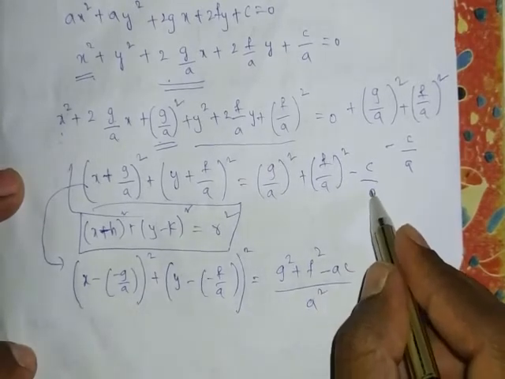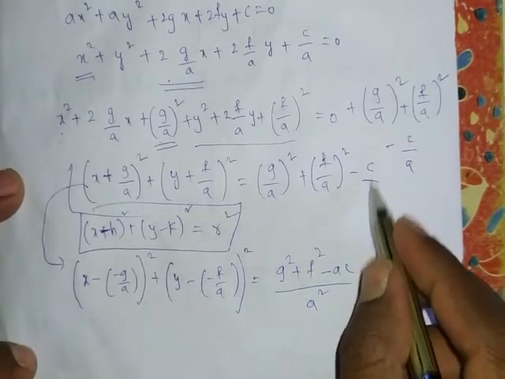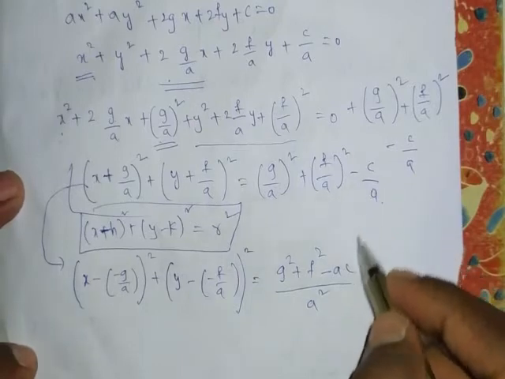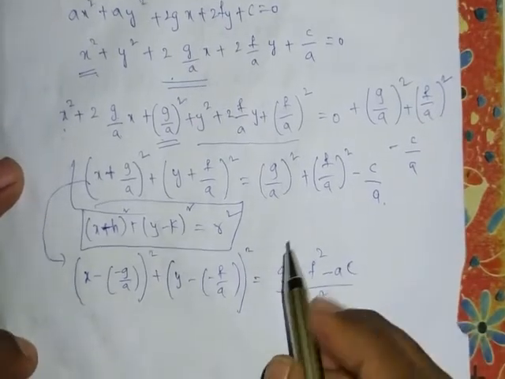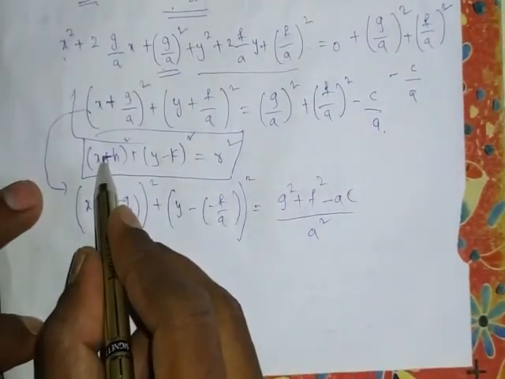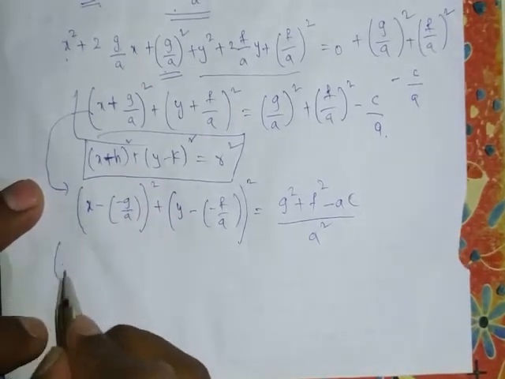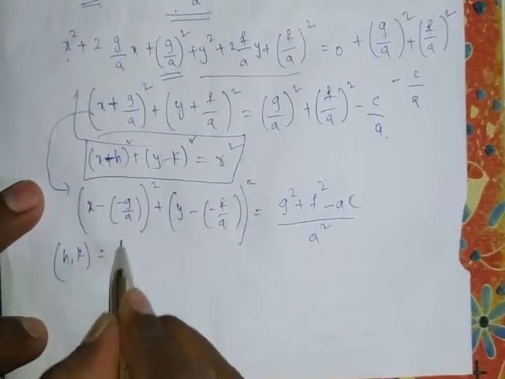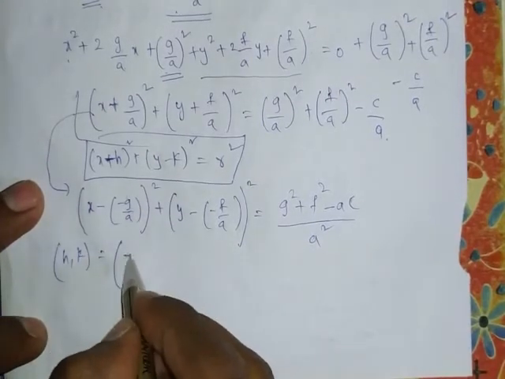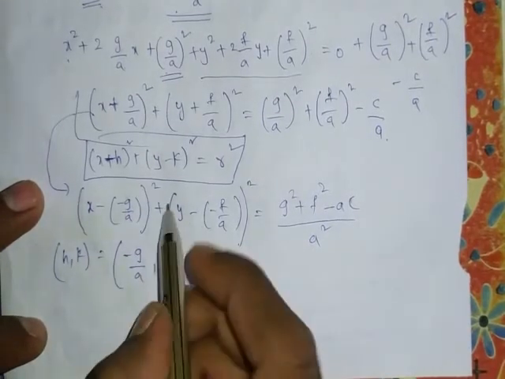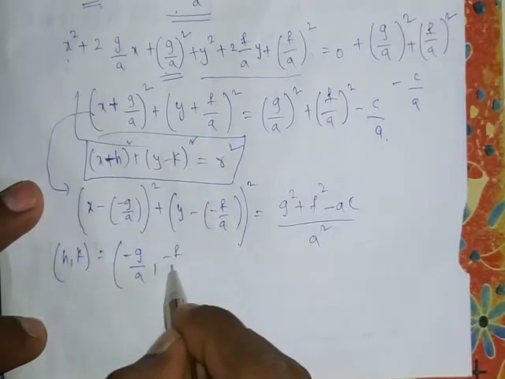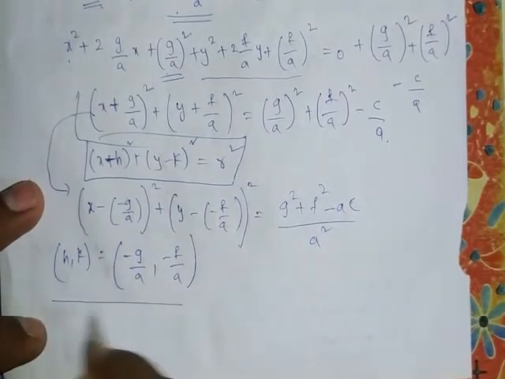I took the LCM, so we multiply numerator and denominator by a, and we got ac. Here, this is x minus h and y minus k, so the value of h is minus g by a and the value of k is minus f by a. So the center can be obtained in this way.